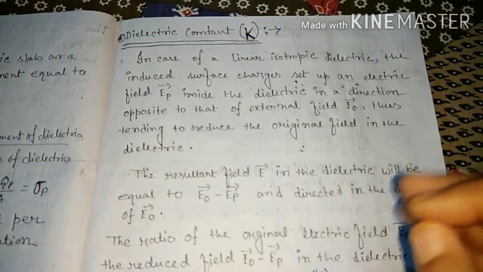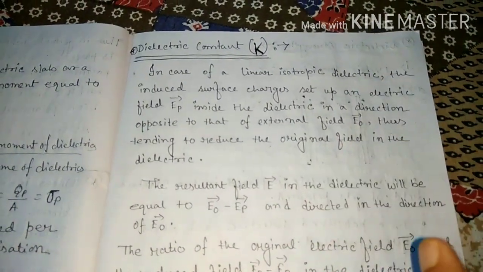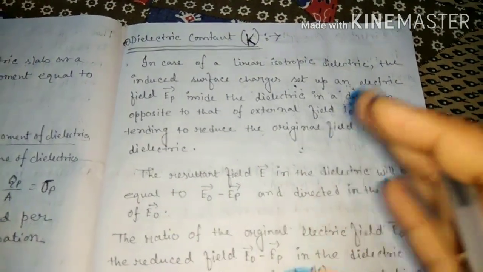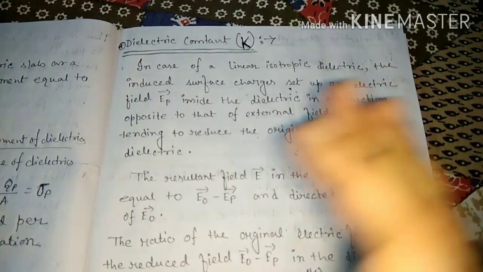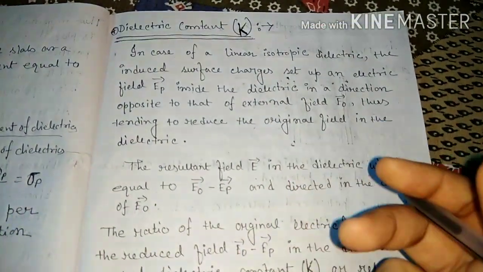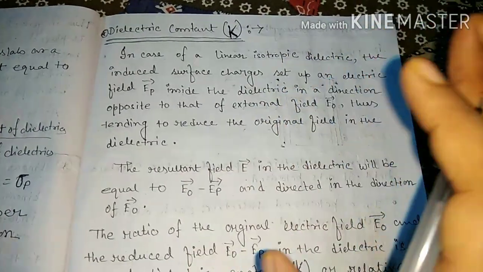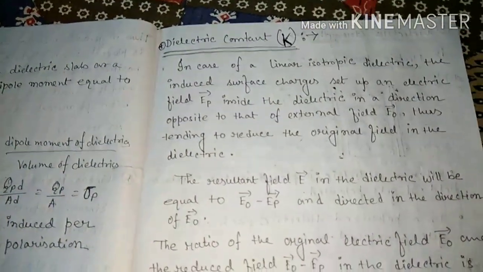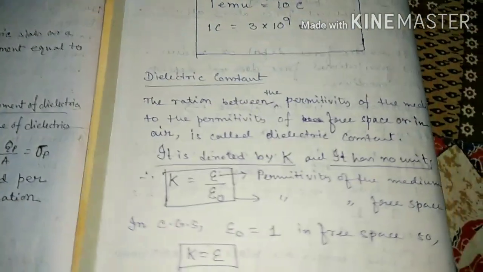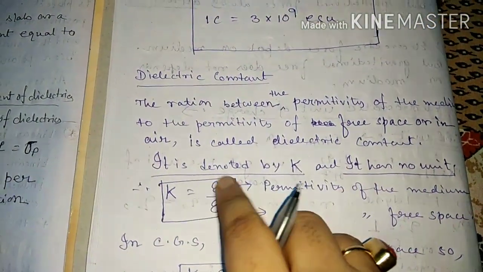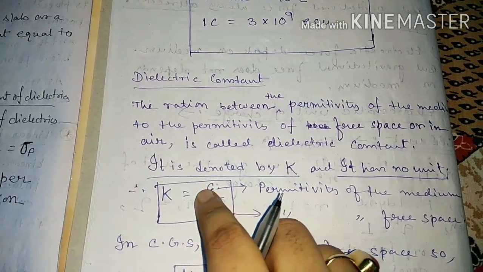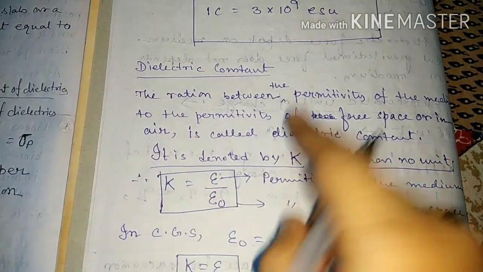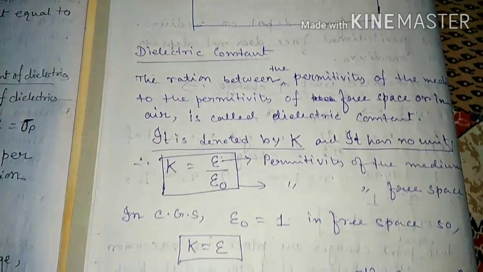Whatever notation you use, maintain it consistently. If in the first chapter you denoted it by capital K, then use capital K here also; if you used small k, use small k here. So the dielectric constant is denoted by K. In the first chapter we studied that it is the ratio between the permittivity of the medium and the permittivity of free space, and because it is a ratio, it has no unit.